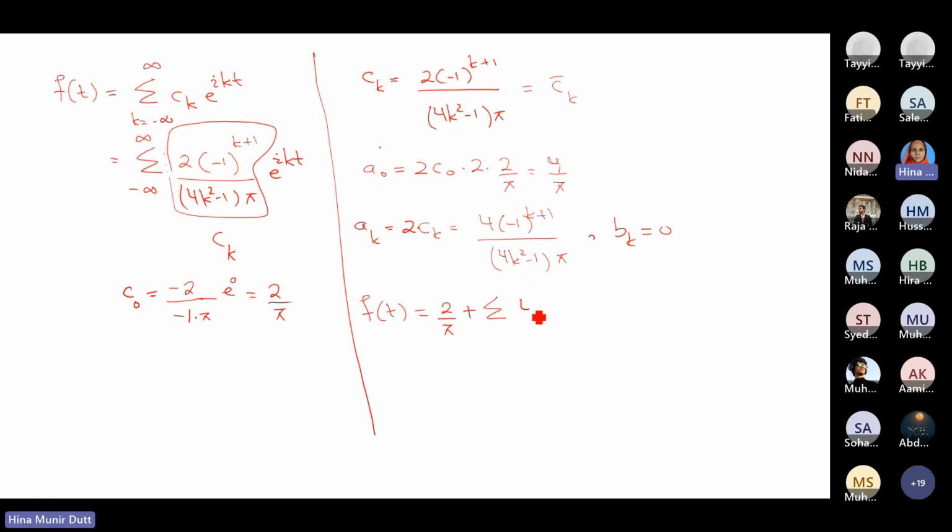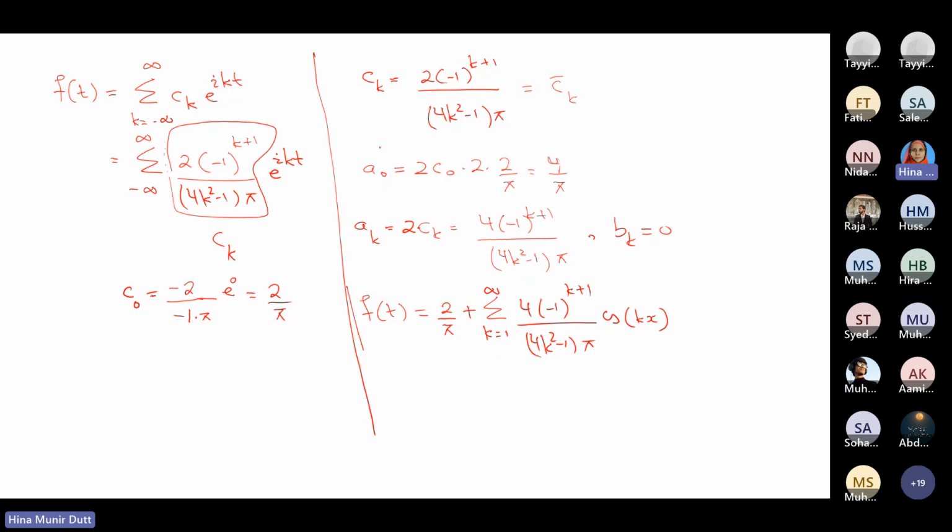So this is 4(-1)^(k+1) over (4k² - 1)π cos(kωx). Omega is 1, so cos(kx), and k is from 1 to infinity.